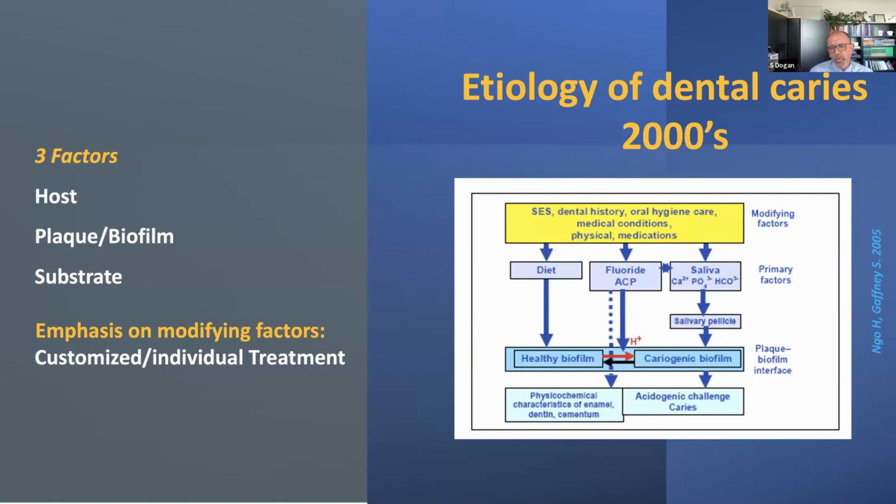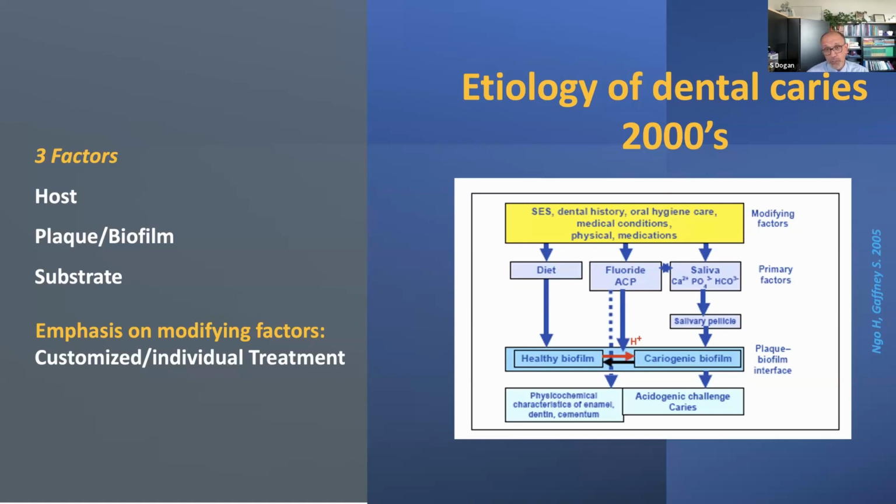Maybe or maybe not. Then in the 2000s or slightly before, we focused on the modifying factors. That was very good, because when we look at the modifying factors, we know that those three factors, the bacteria, the tooth, the short chain carbohydrates, don't make everybody react the same way. What are these modifying factors?